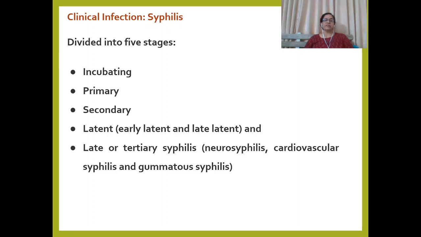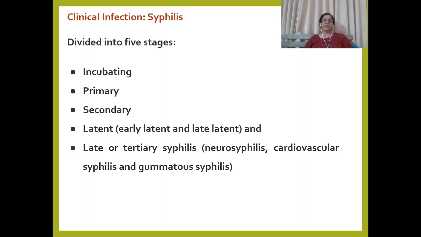This one is a life-threatening condition only in untreated cases or in those with poor immune status. There is an observation of tertiary syphilis. There is neurosyphilis, that is involvement of the nervous system, cardiovascular syphilis, involvement of the cardiac system, and gummatous syphilis.